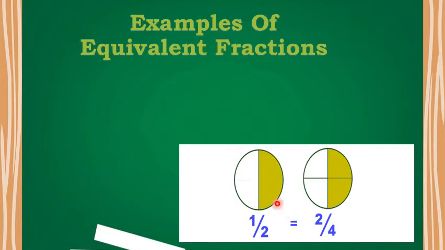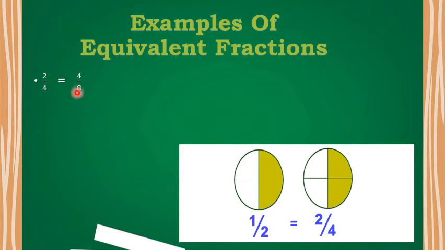If this circle is equal to this circle, yes, this is a half of the circle, and also this is the half of the circle. This means that 1 over 2 equals 2 over 4. Let's see some examples. 2 over 4 equals 4 over 8.